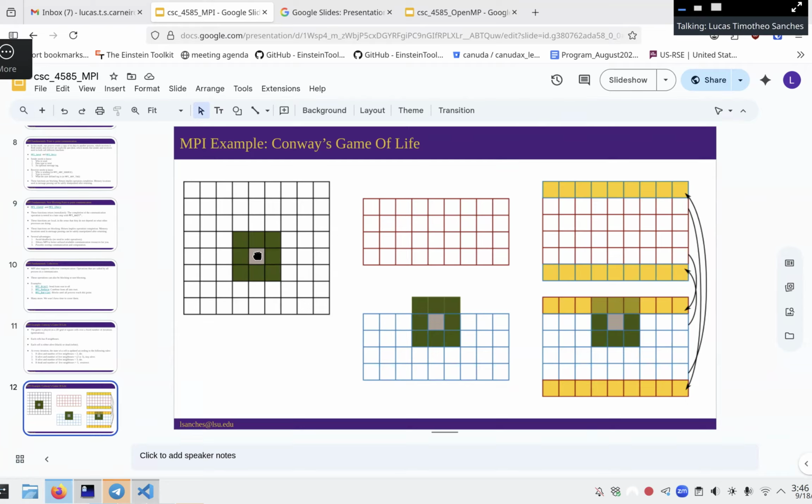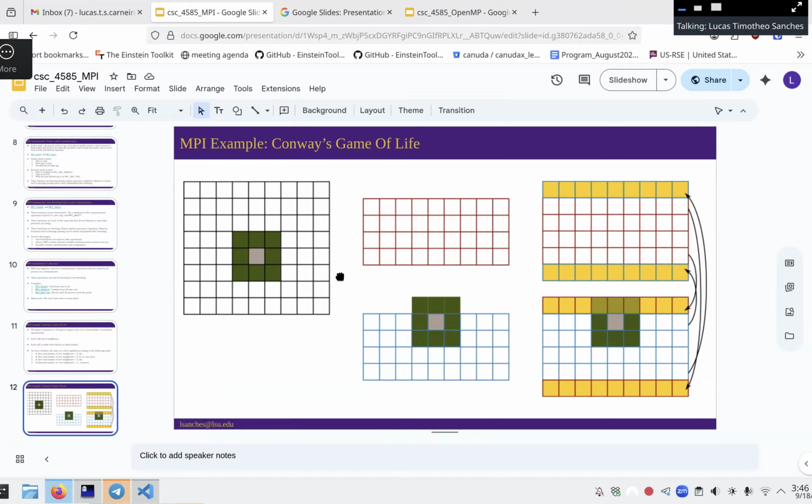Let's suppose then that we're going to split this board. We're not going to do it serially; we're going to do it using MPI. We're going to split the rows horizontally, and give one process a portion of these rows and another process a portion of these rows.